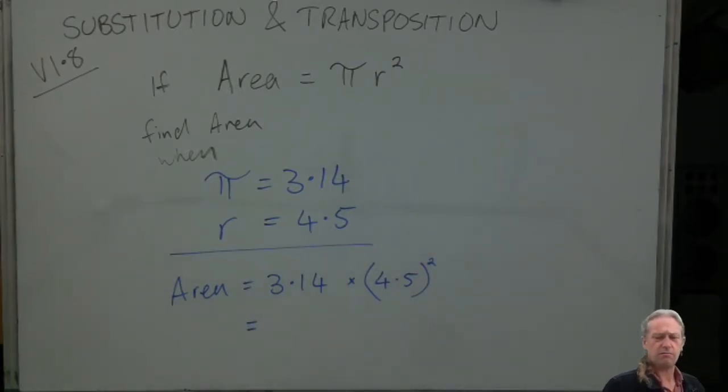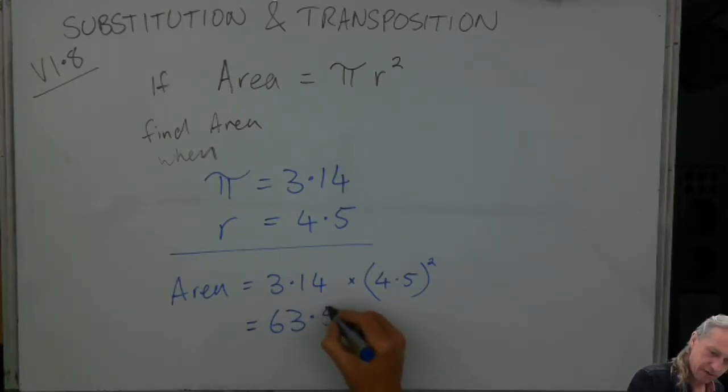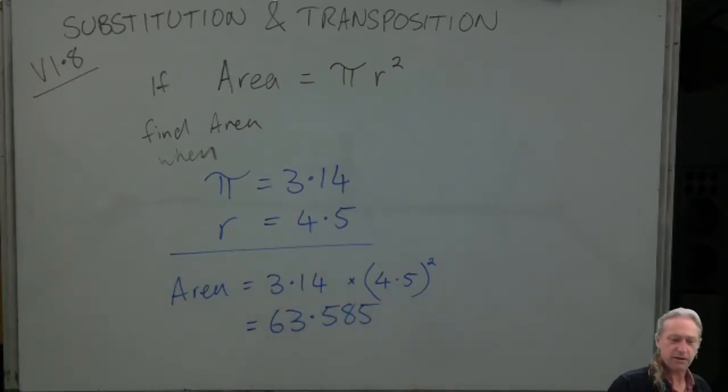Because we've got decimals, that's why I'm using a calculator. I can't do these ones in my head quite so easily. 3.14 times 4.5 times 4.5 equals 63.585. We'll leave it as that.